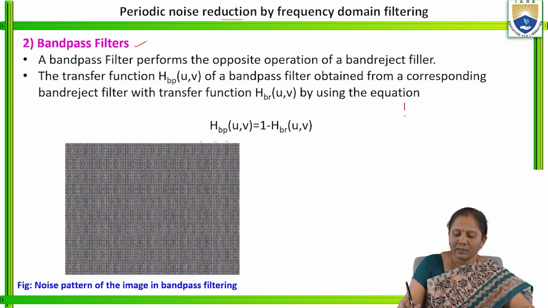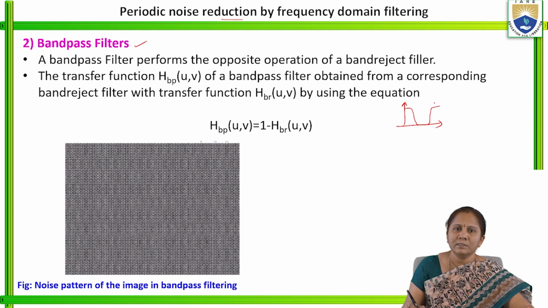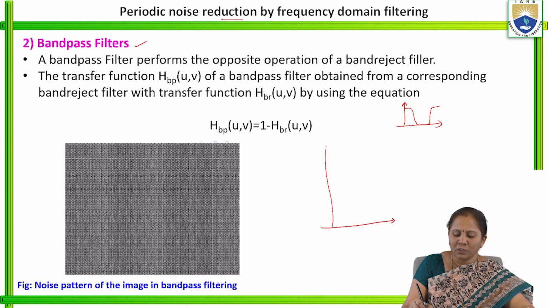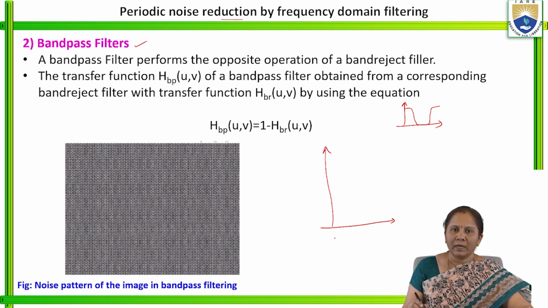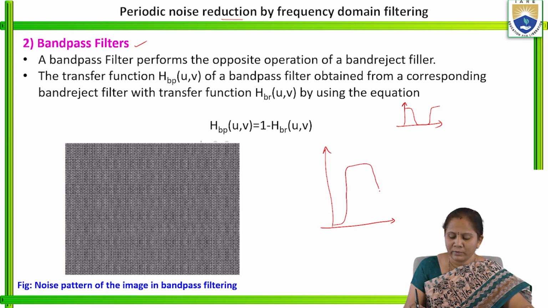We have seen the graph representation of the band reject filter, but the band pass filter representation will be exactly the opposite. So we will have this type of transition. That means these are the band of frequencies that will be passed, whereas the frequencies below this range and above this range will be rejected.